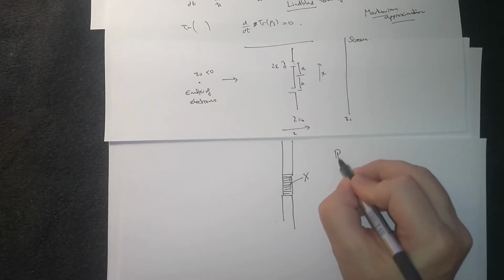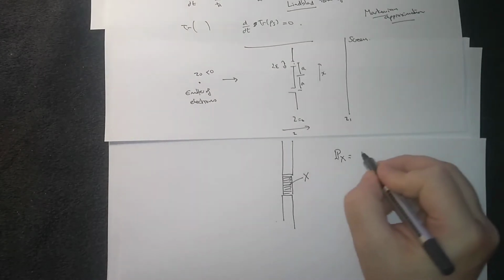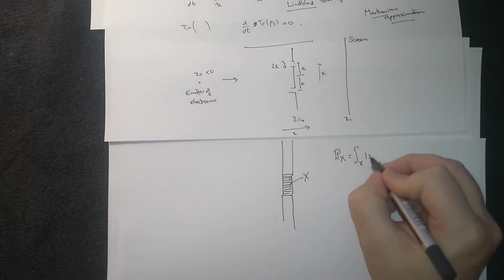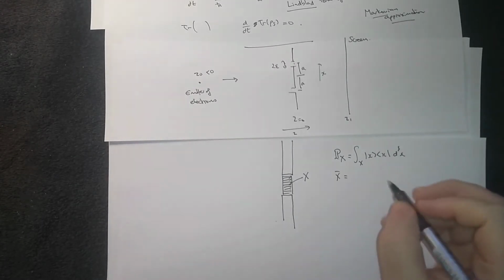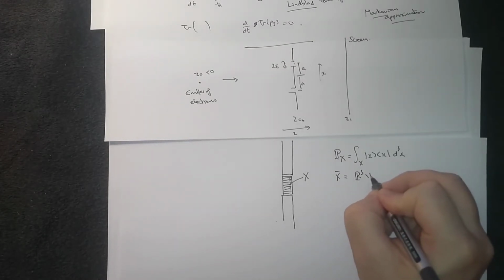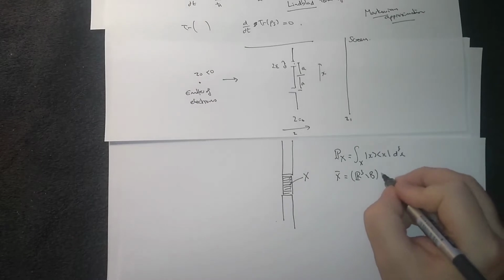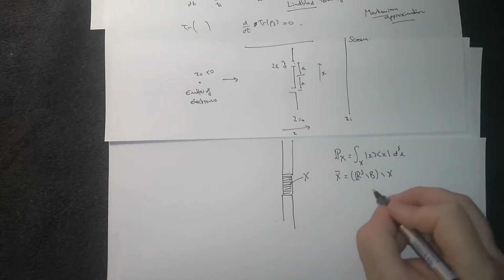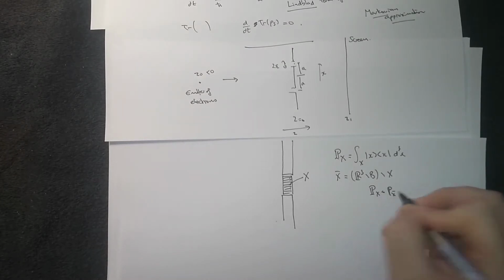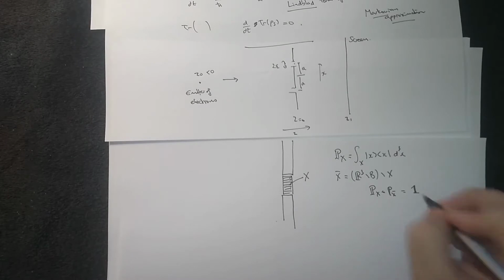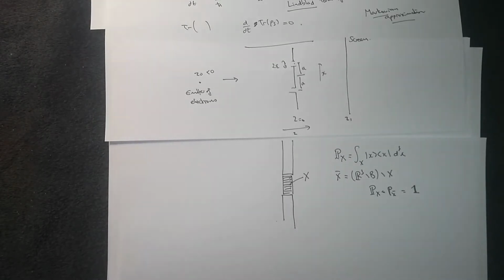We can define P_X to be the projection onto X. So we can write it like that, and let X bar be all of three-dimensional space without the barrier and without X. So P_X plus P_X bar is equal to everything, because we're only going to be defining our wave function on the space with the barrier removed.